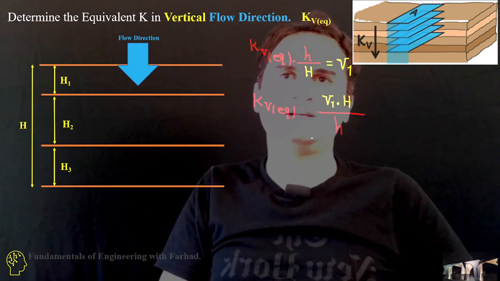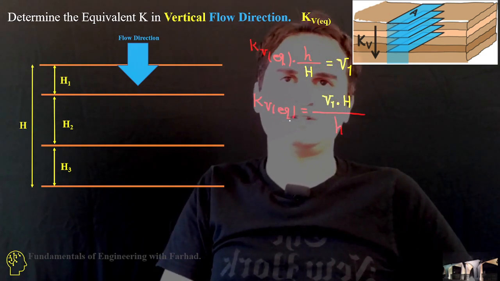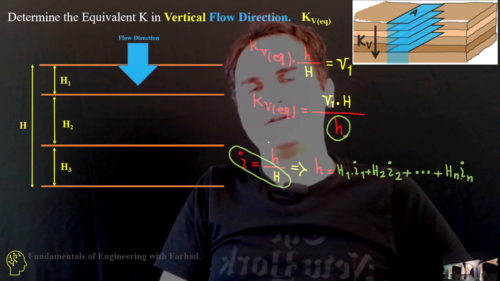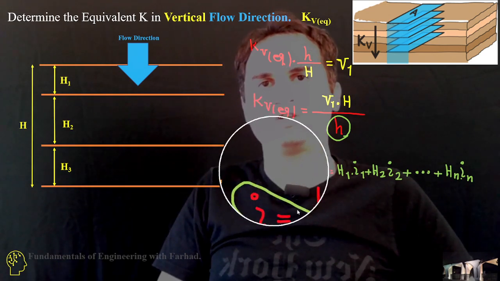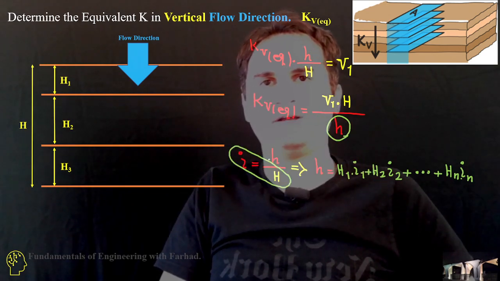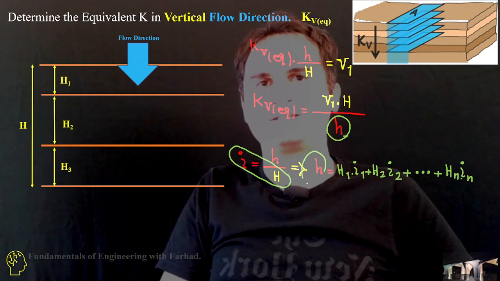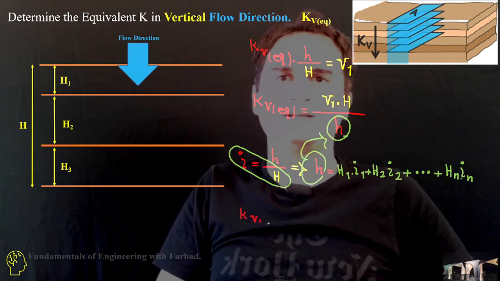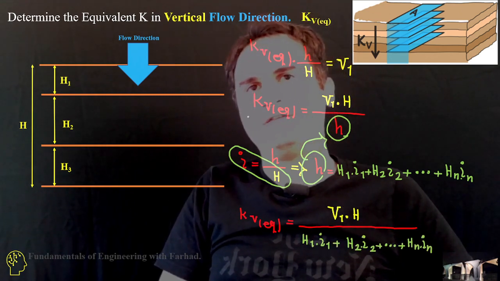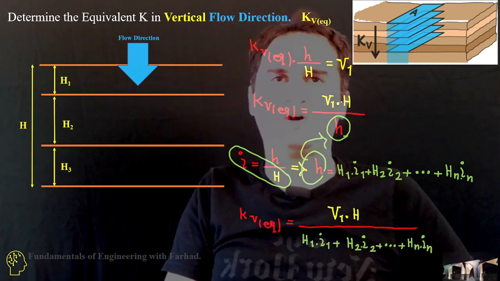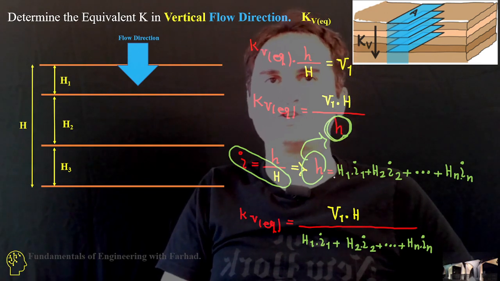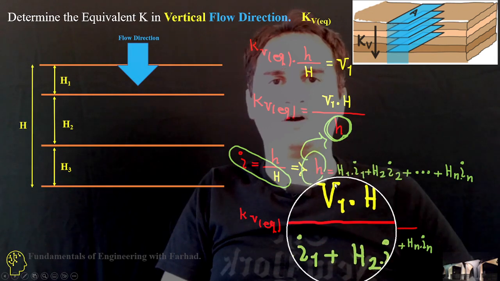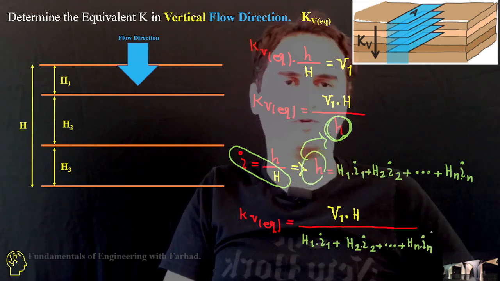If we rearrange this equation based off h and place this h in the denominator of the top equation, we have K vertical is equal to v times H. Instead of lowercase h, we replace it with h1 I1 plus h2 I2 for each layer.